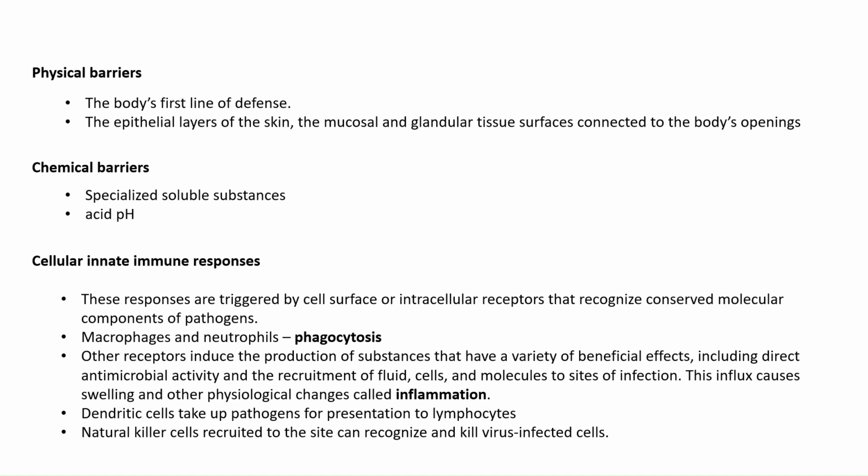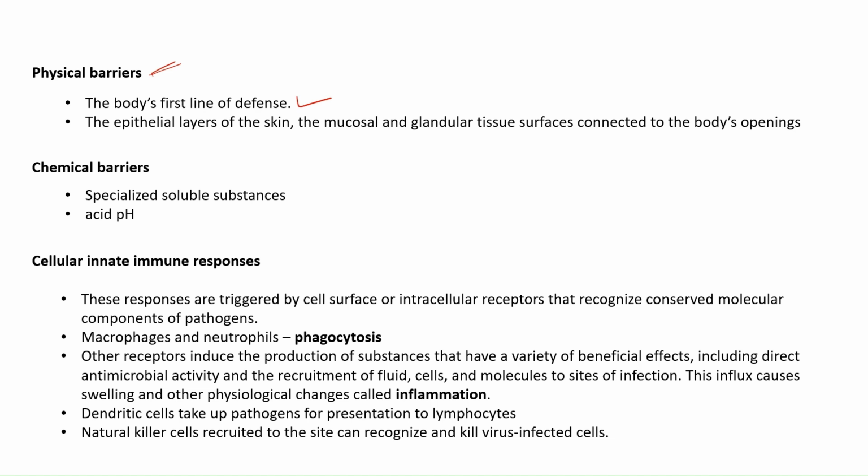Under innate immunity, first of all, we have the physical barrier, which constitutes the first line of defense, the first protective line that helps to protect our body from the pathogens. So what is the first line of defense? Our skin. The skin is the first barrier for the pathogens to enter our body.